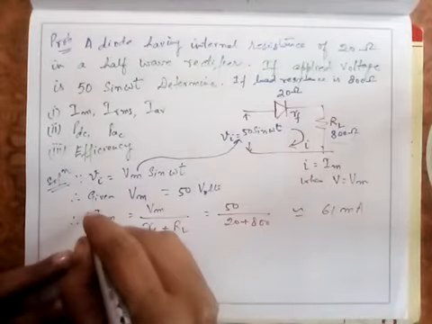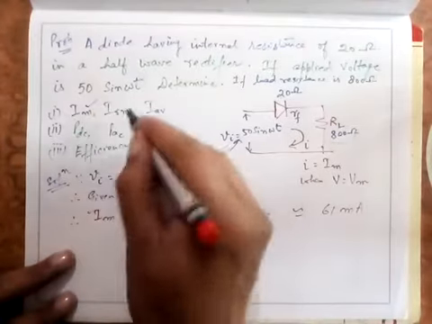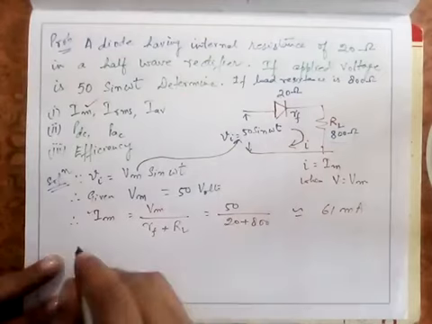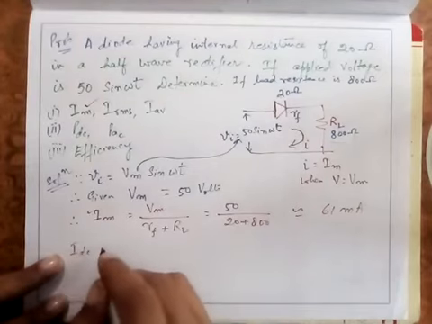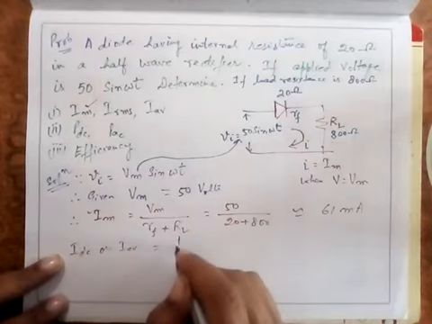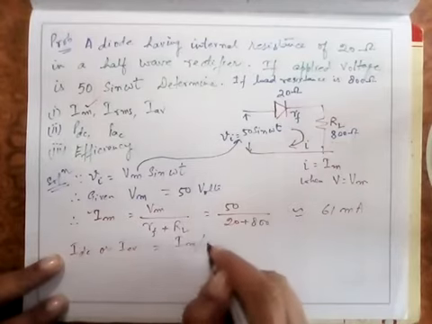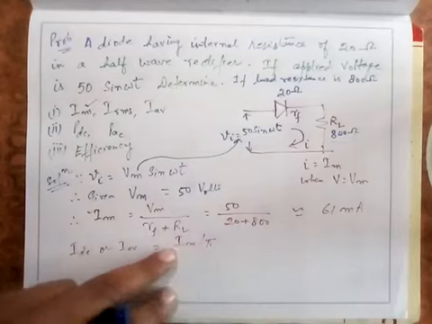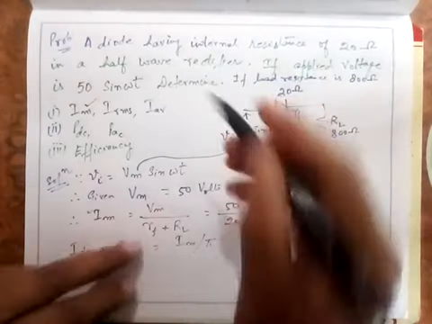Now, once I found this Im, next is IDC or I average. We have done that. This is equal to Im by pi. Im I have already calculated, and the value of pi you know. You can simply find it.